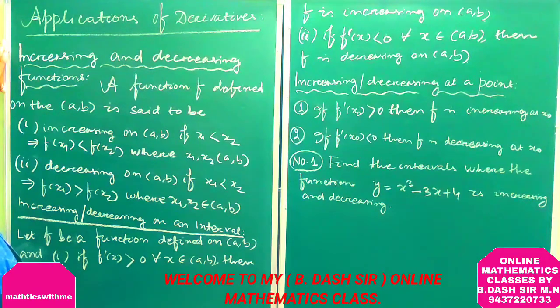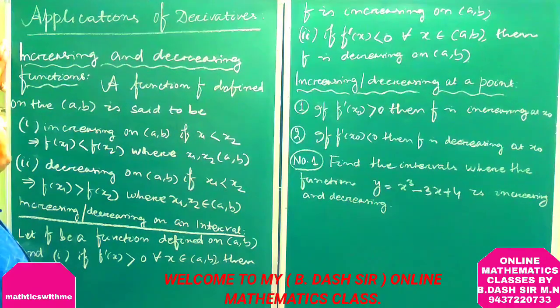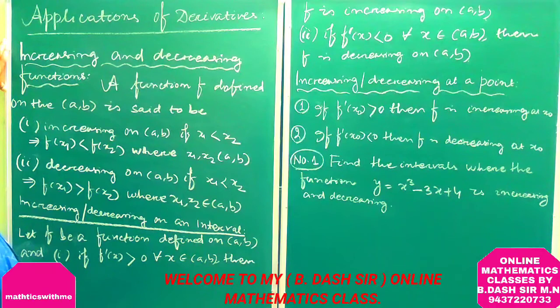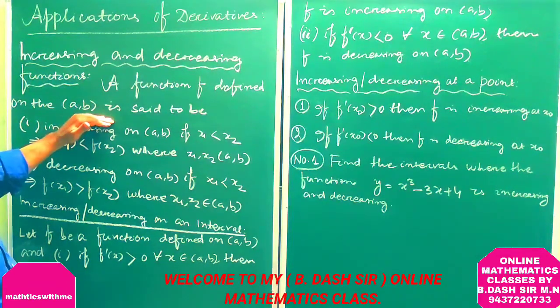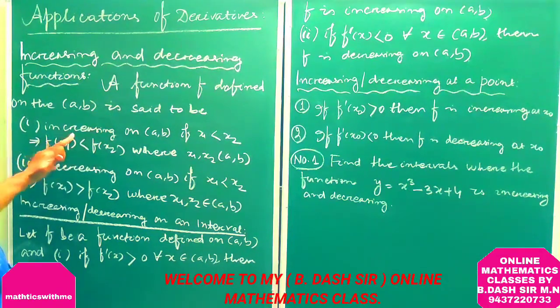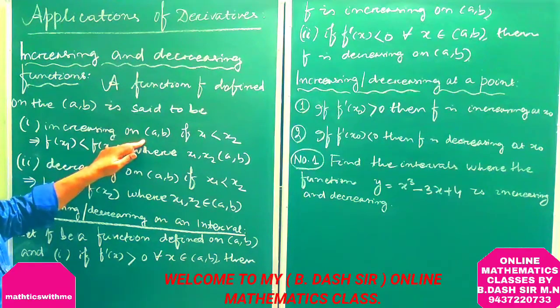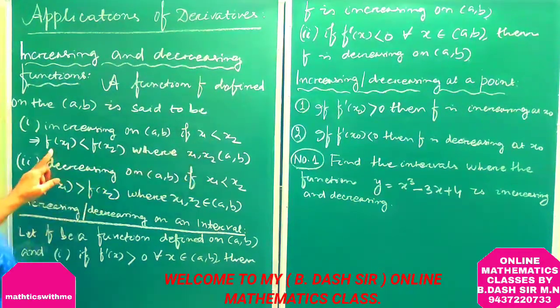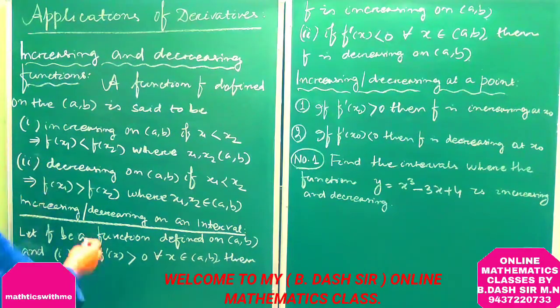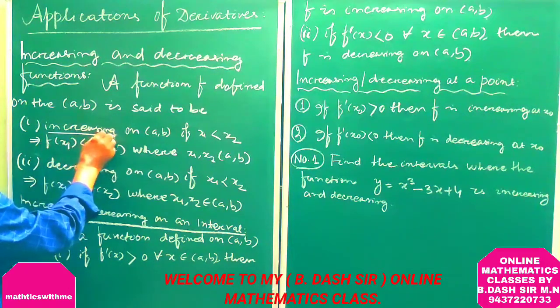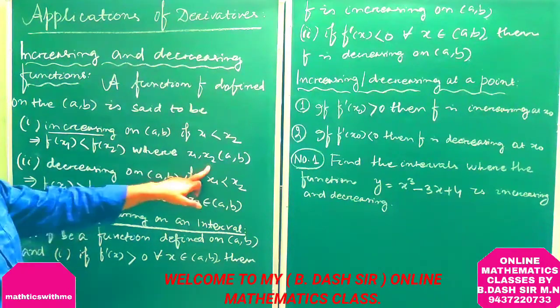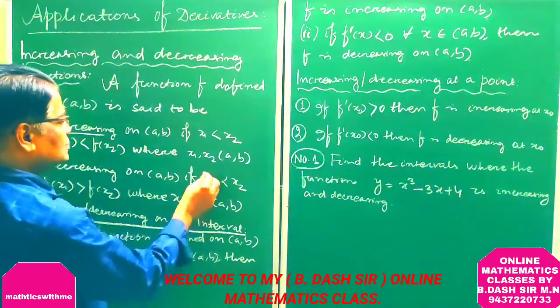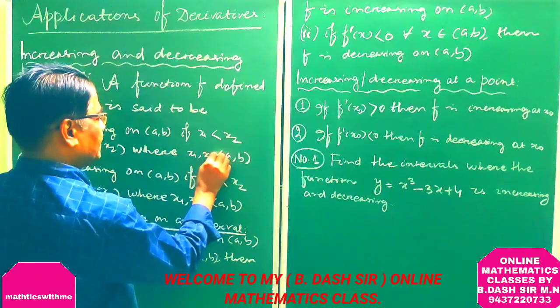A function f defined on the open interval (a, b) is said to be increasing on (a, b) if x1 < x2 implies f(x1) < f(x2), where x1, x2 belong to the open interval (a, b).